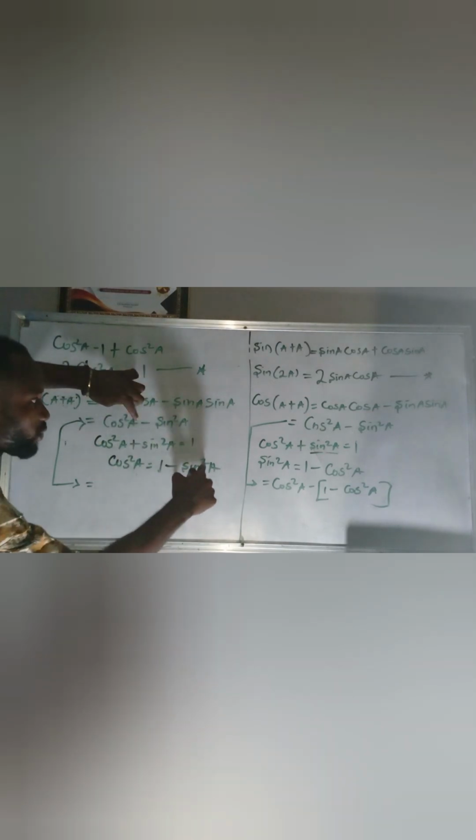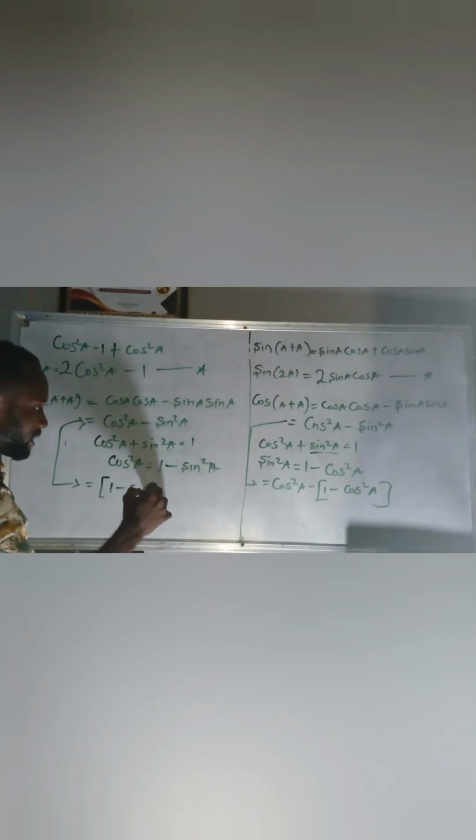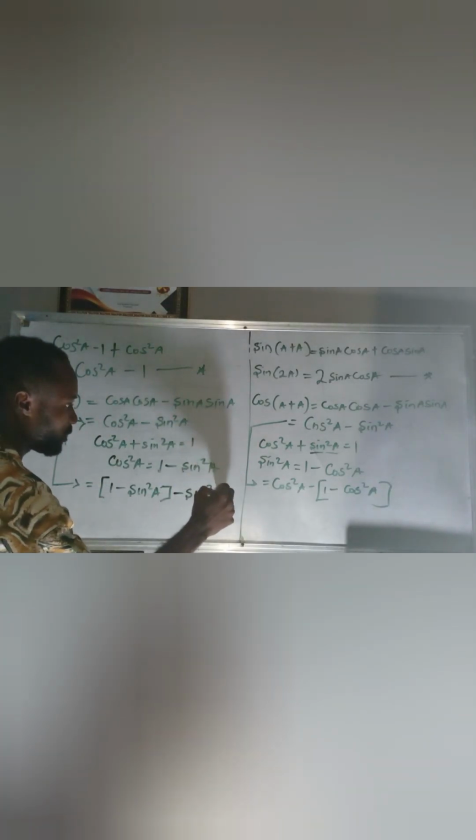Now, I will substitute this into this, the same pattern I used in the last one. That means that cos square A is equal to 1 minus sine square A. So we'll substitute this guy here now. So this gives us 1 minus sine square A, and this is this minus sine square A again.